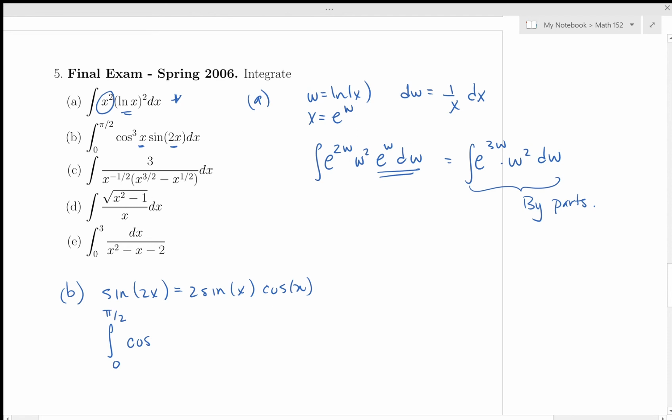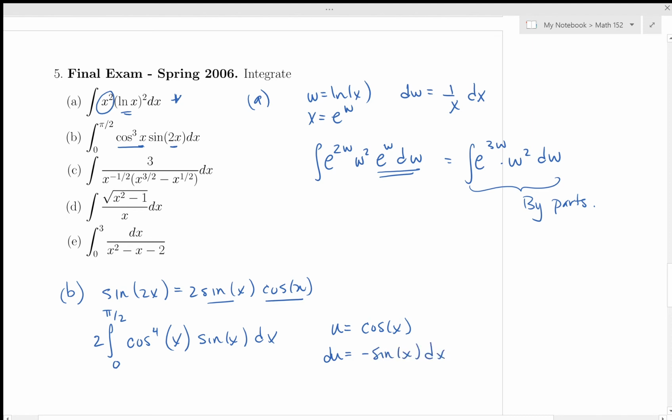I get cosine cubed from here, and then I've got another cosine there, so I'll have cosine to the 4, and there'll be that 2, cosine to the 4 of x times, I've got the sine here, sine x dx. And then I can make a substitution, u equals cosine x, and du is minus sine x dx. And then the whole problem will be easily solved.